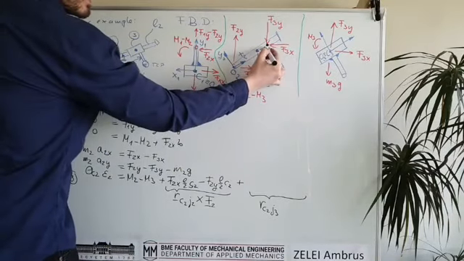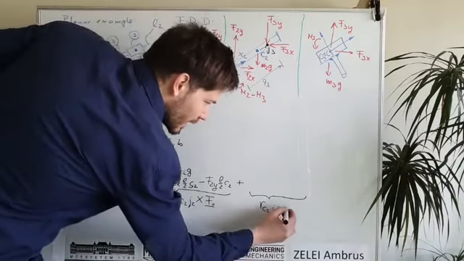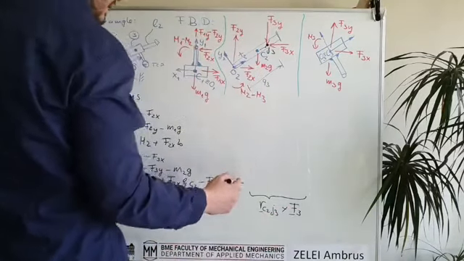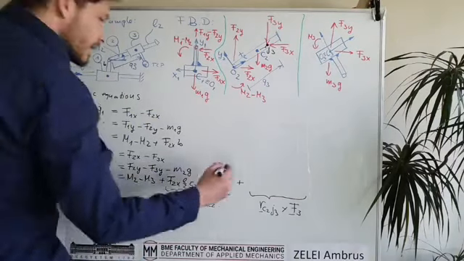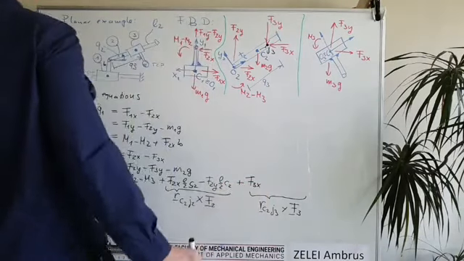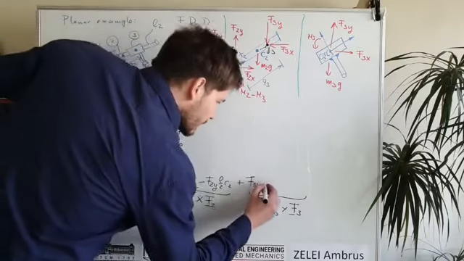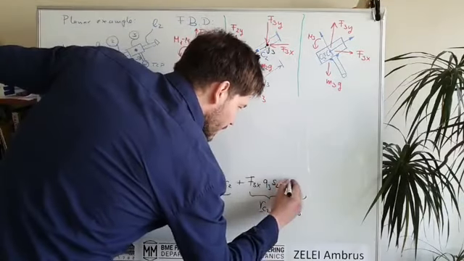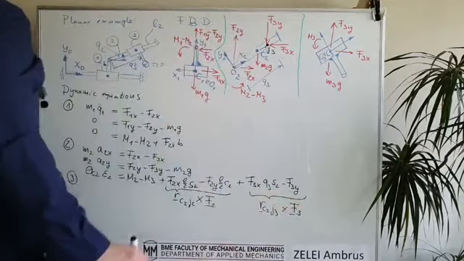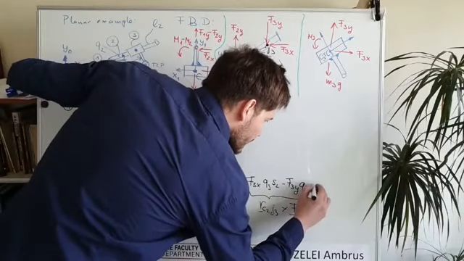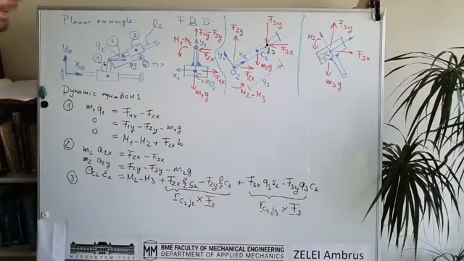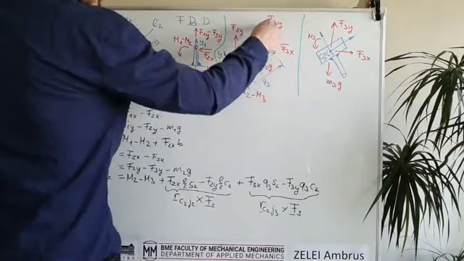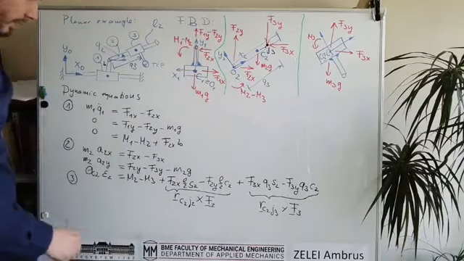We have to take the vector from the center of mass to J3, and we have to calculate the cross product with F3, which acts here, and what we have is F3x times q3 times sine q2 minus F3y times q3 times cosine q2, and this whole term is representing the torque of F3 acting on the center of mass.